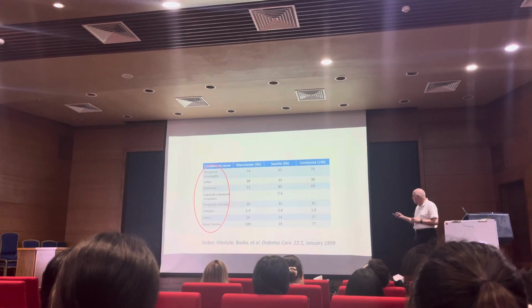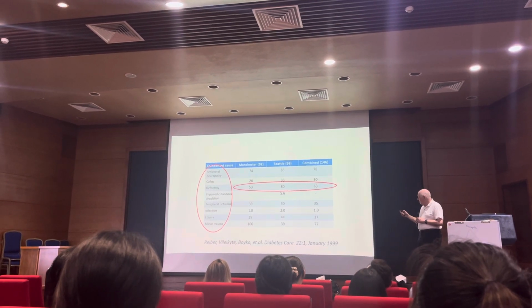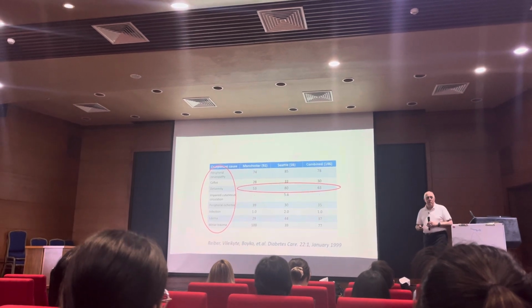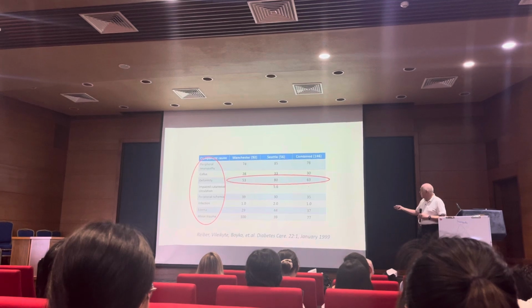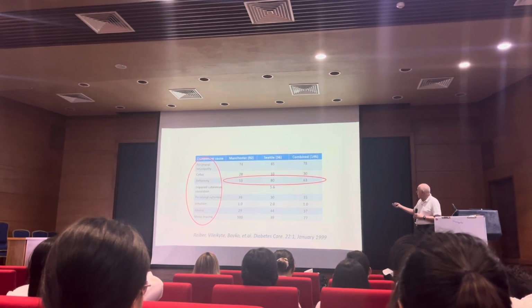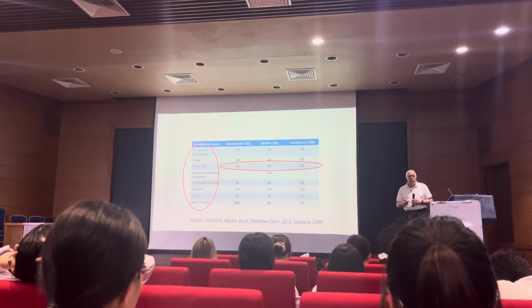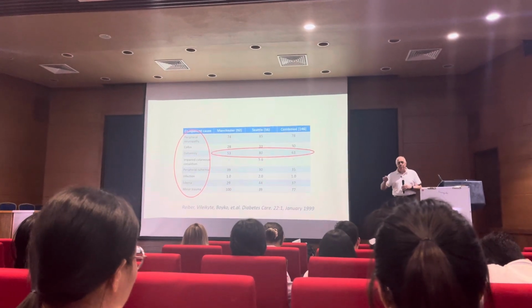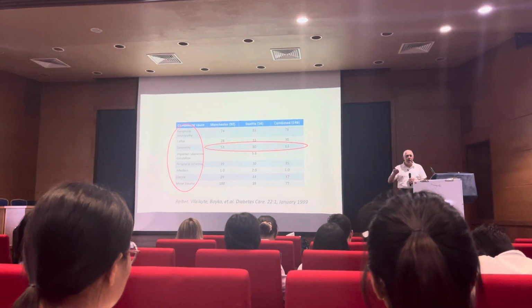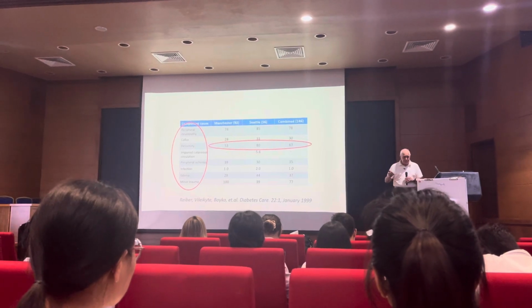You will see that the highest incidence of component causes is peripheral neuropathy. In this study, almost 80% of diabetic patients that presented with an ulceration have peripheral neuropathy as an underlying risk factor.